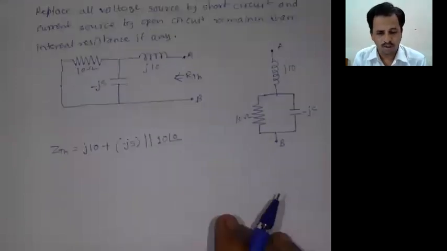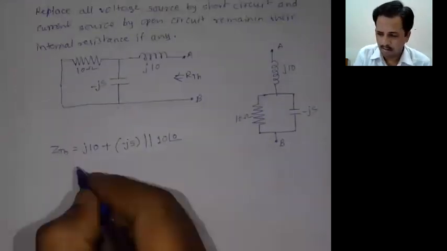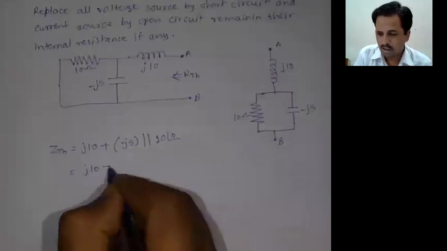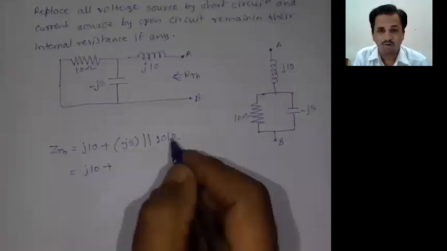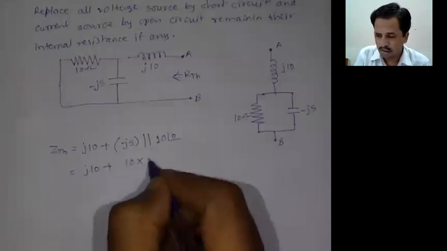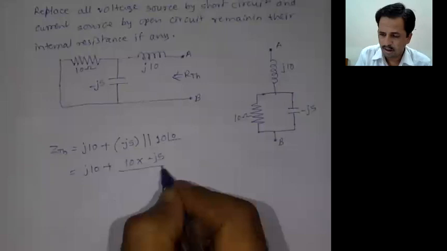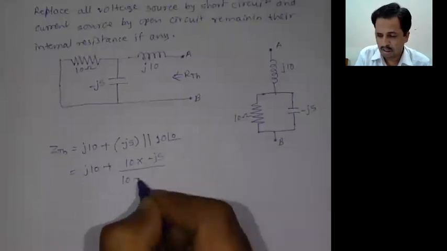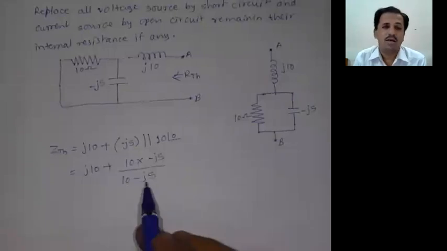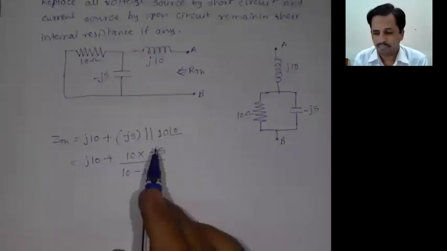Here we have to make the simplification. Now here, j10 plus, now only the 10 value should remain, 10 into minus j5 upon 10 plus, sorry, 10 minus j5, because the plus sign is replaced with this minus sign of j.